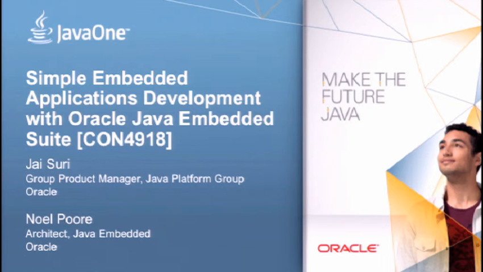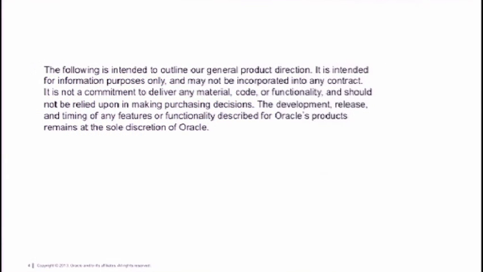We'll go through some introductions in terms of what is this technology, where does it fit in the big embedded space, and then Noel will show a demo of how do you actually develop applications, and you'll find a lot of commonalities in terms of how you develop applications for the server with how do you develop applications on embedded devices.